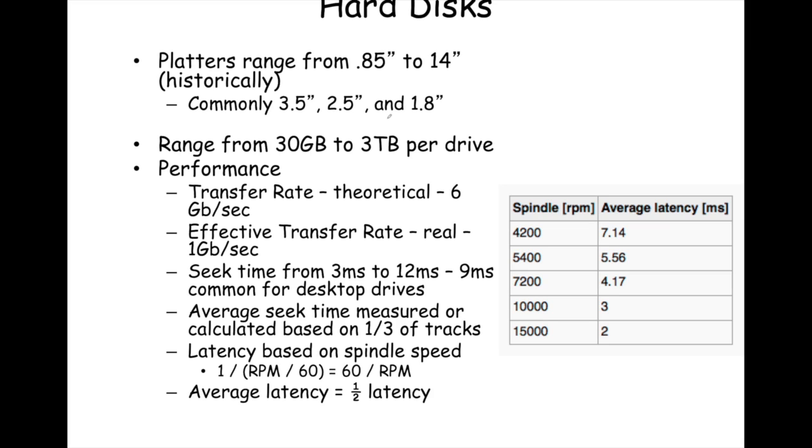And so that's typically based on the revolutions per minute, the measurement of the spindle speed, and by the calculations, it's typically 60 divided by the RPM. And so the average latency is typically about half the latency of the system based on the theoretical calculation. And so as you can see here from this table, as the spindle speed increases, 4200, 5400, and so forth going up, the average latency is going to go down.